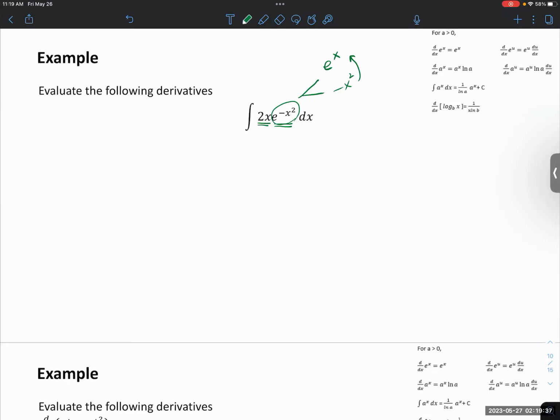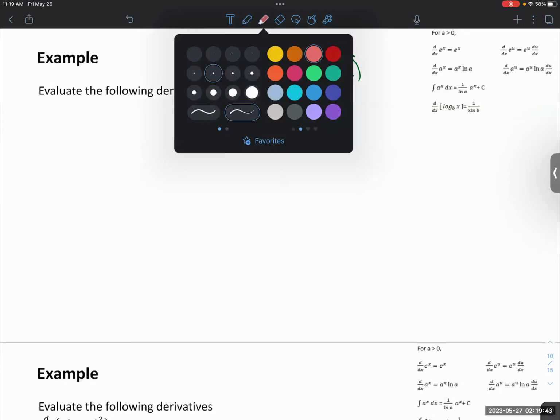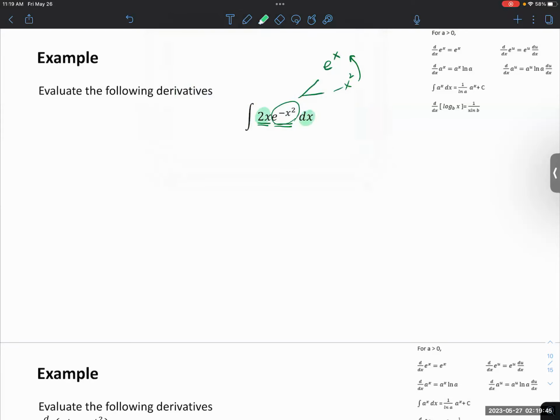So we have to use a substitution, because the negative x to the second has been subbed. And then later you have to find out 2x and dx in terms of the u variable. So let me start here. Negative x to the second has been subbed into e to the x, correct?